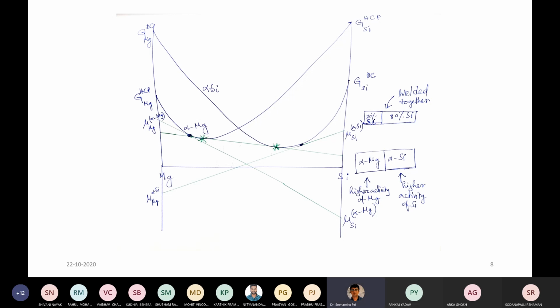So that is the chemical equilibrium. From the common tangent of the two phases you can see how important chemical potential is in defining the equilibrium state between two phases, since it is a binary component system.